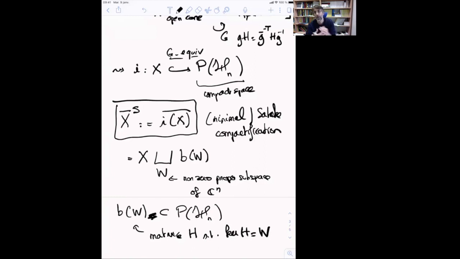It will still be positive but not definite, and it can have a kernel, and the parts that I denoted B_W are exactly the matrices that have as kernel this subspace W.